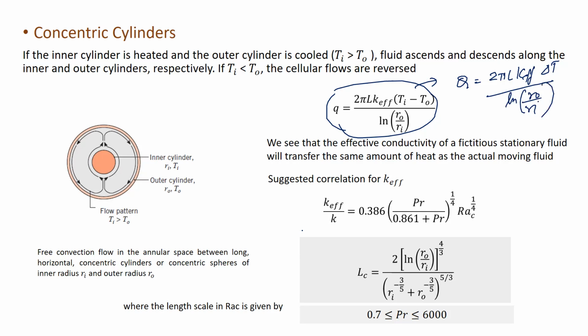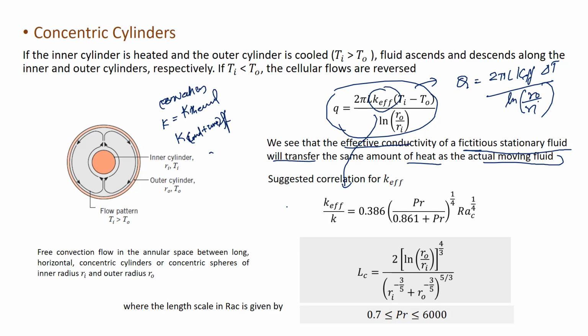But since this is convection dominated, the effective conductivity of a fictitious stationary fluid, maybe wax, will transfer the same amount of heat as an actual moving fluid. So we are going to substitute this k effective. When convection is happening, k is not pure thermal conductivity; it will be conduction plus convection effect. That correlation is given here.